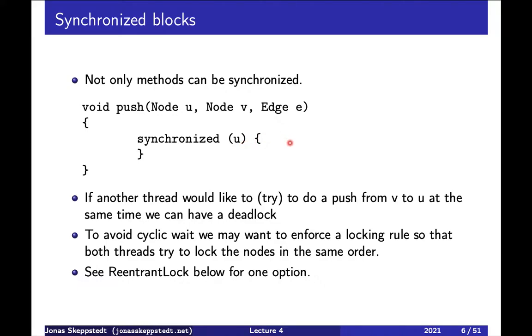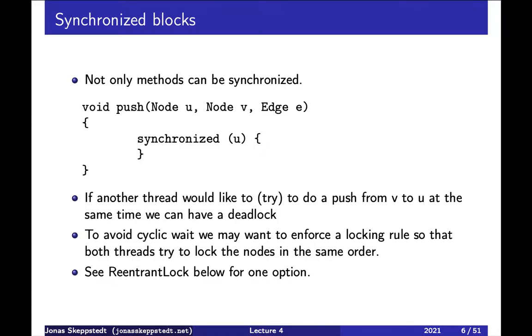But suppose now that another thread also wants to lock these two nodes, but in the opposite order. So the other one locks V and then U, and this thread locks U and then V. Then there is a deadlock, since they are waiting for each other indefinitely.